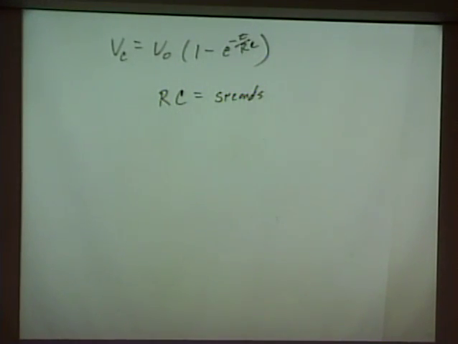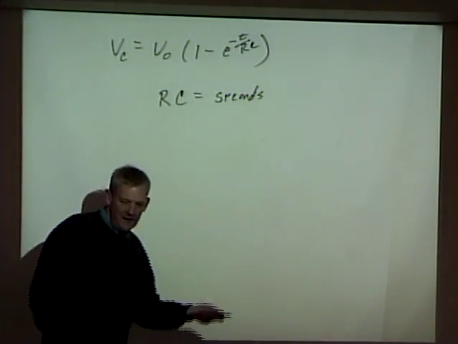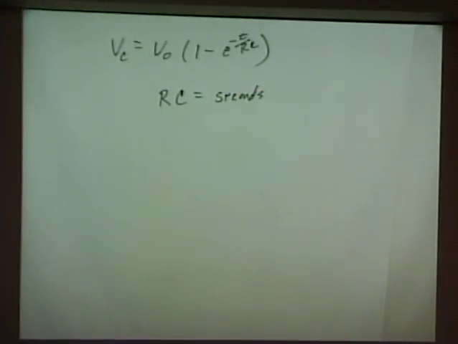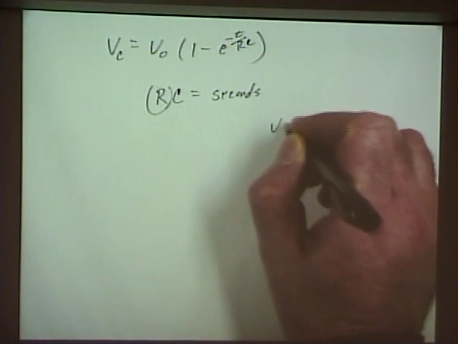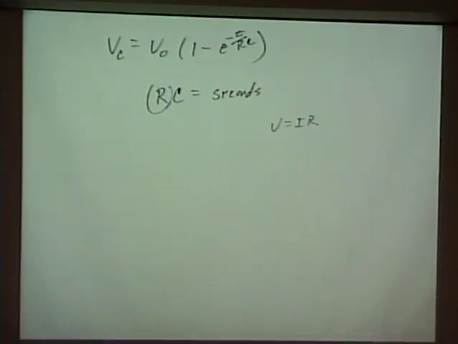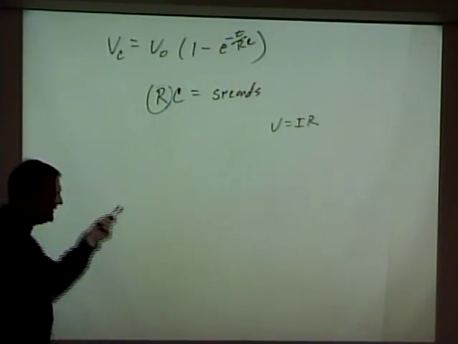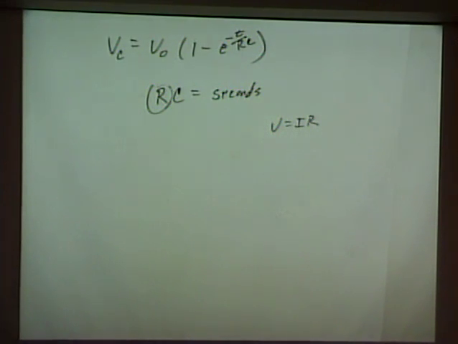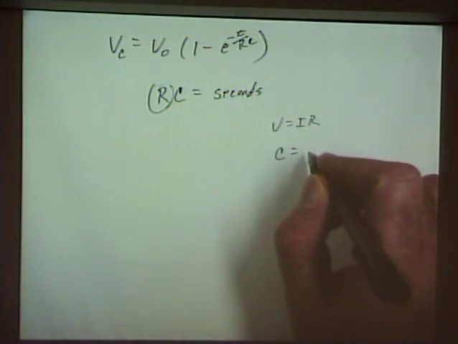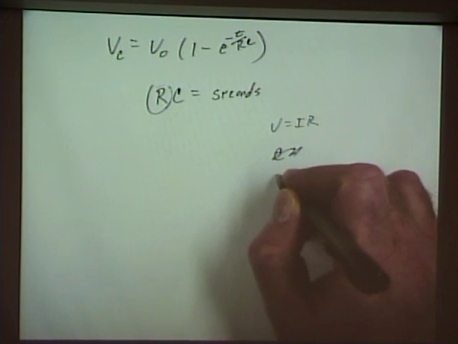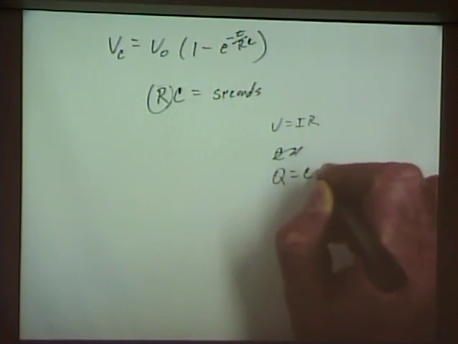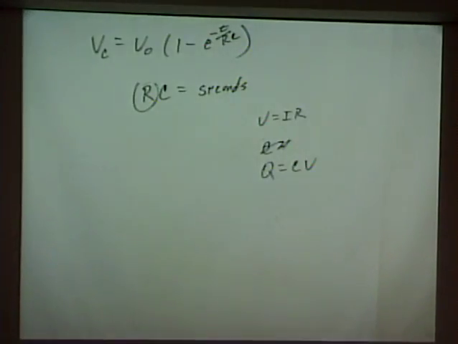Okay, so why would RC be seconds? R is resistance. Think about what resistance is. Think of Ohm's law, where V equals IR. And think of what capacitance is, where Q equals C times V. There's your hint.